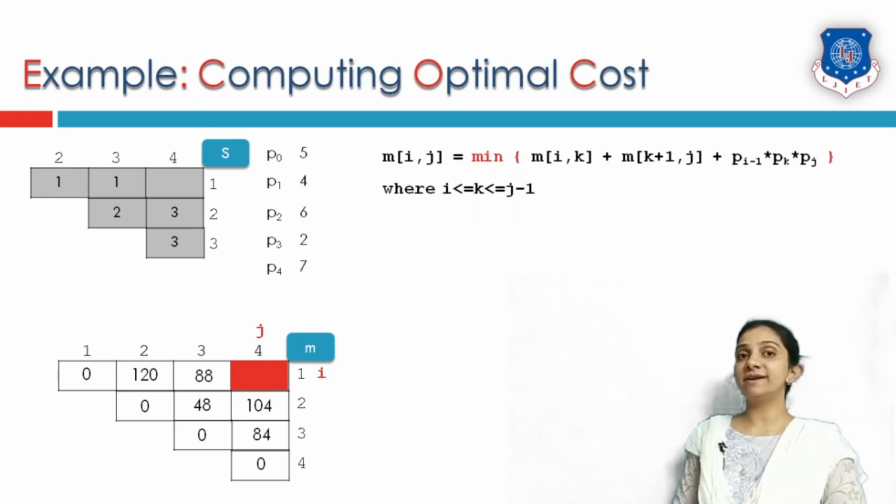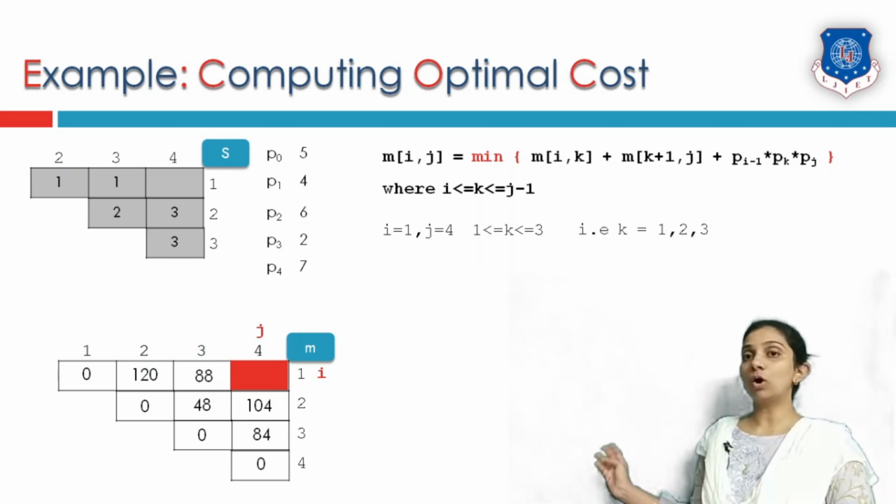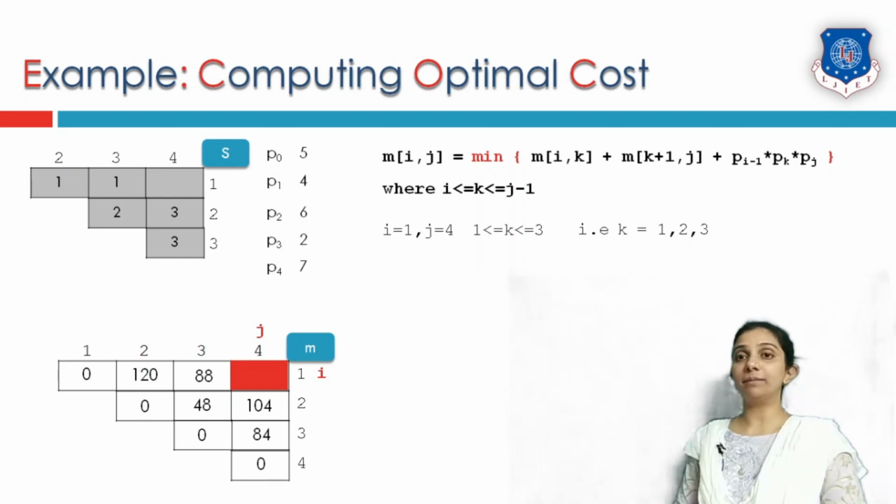Now in my third diagonal there is only one cell. So we are actually at row number 1 and column number 4. Here k's value lies between 1 and 3. K's value can be either 1, 2 or 3.